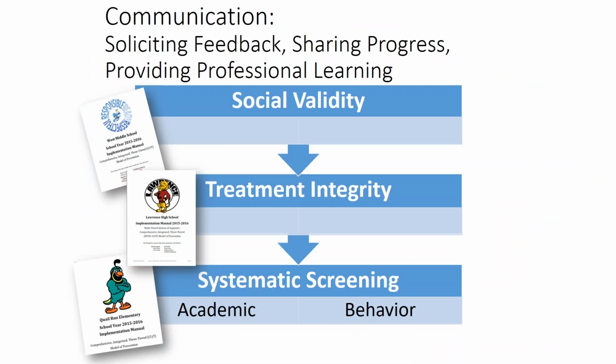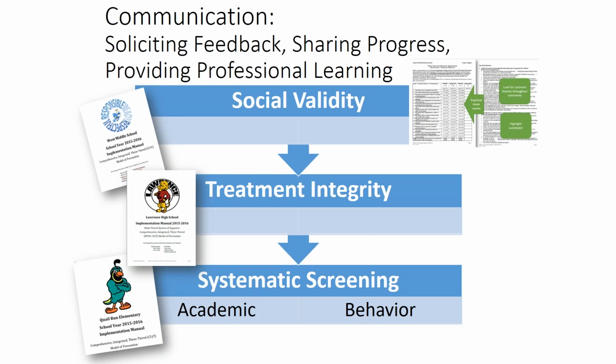As part of this work, before we even think about screening, we want to make sure that we have information on what is happening at Tier 1 in terms of social validity. So when we are implementing a primary prevention effort, we want to have an opportunity for stakeholders to give voice to what they think about the goals, the procedures, and the outcomes.